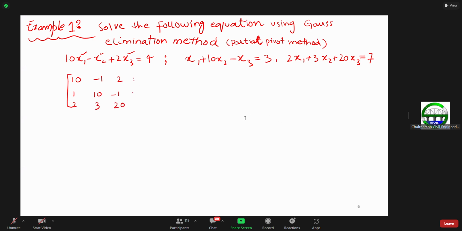Then make it this way, or you can just put a line and then put the matrix B in here. The matrix B here is 4, 3, and 7. Okay, so this matrix is named the augmented matrix.